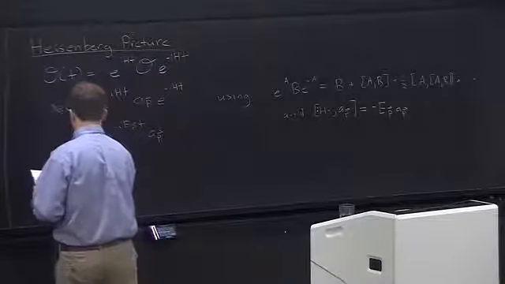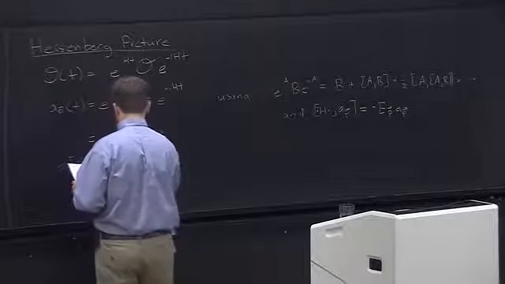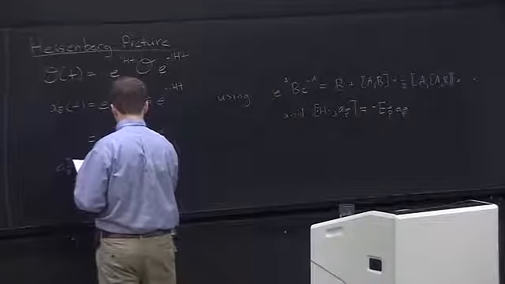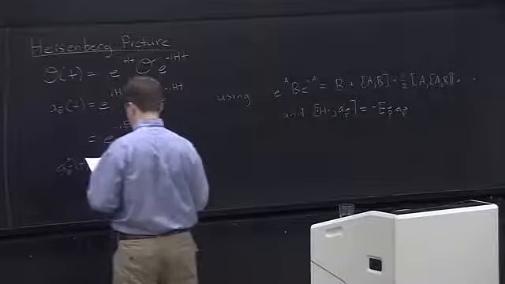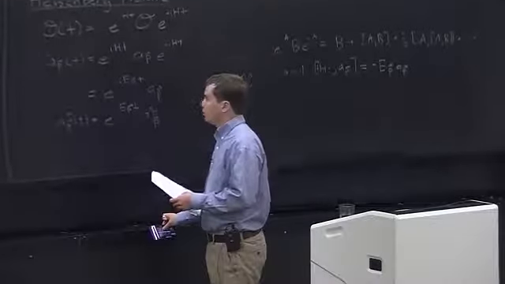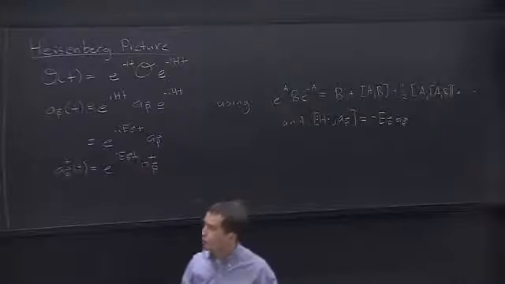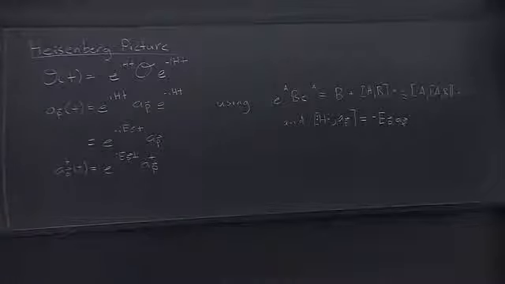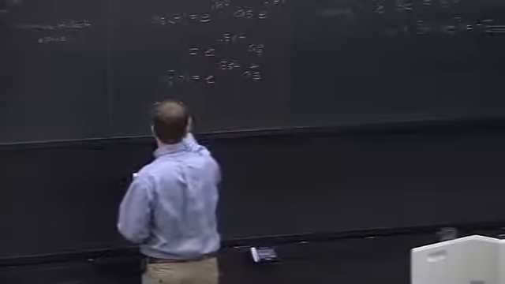And similarly, the creation operator in the Heisenberg picture is just related to the Schrodinger picture operator, just with the opposite sign in the exponent. And so, using these relations and our expression for the Schrodinger picture field operator, we can get the Heisenberg picture field operator, which is basically just what you'd expect.